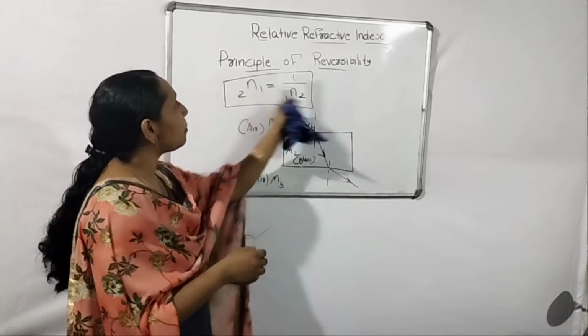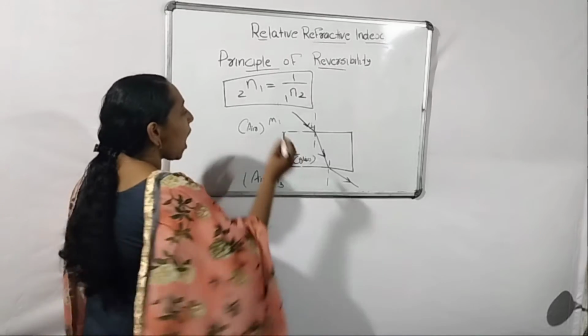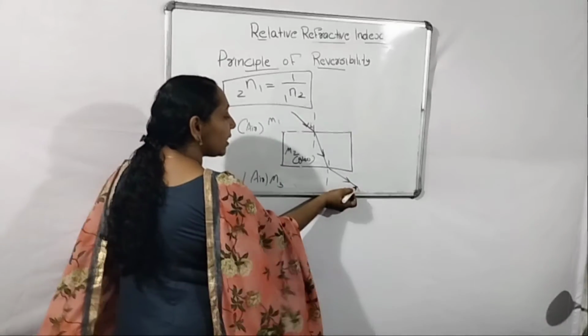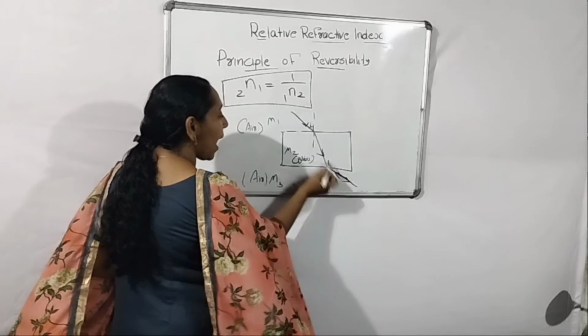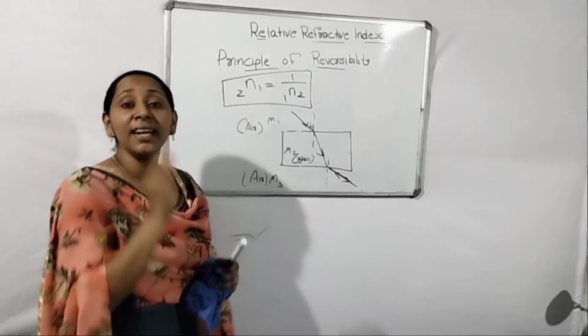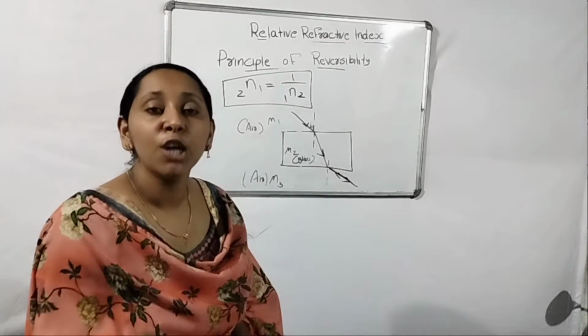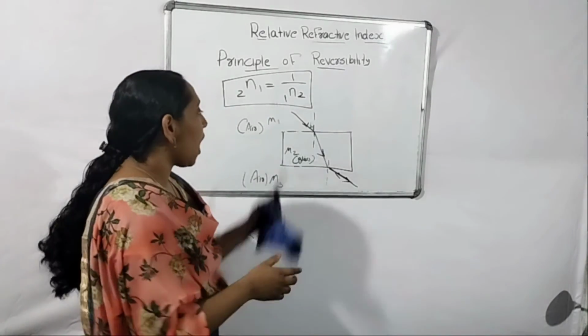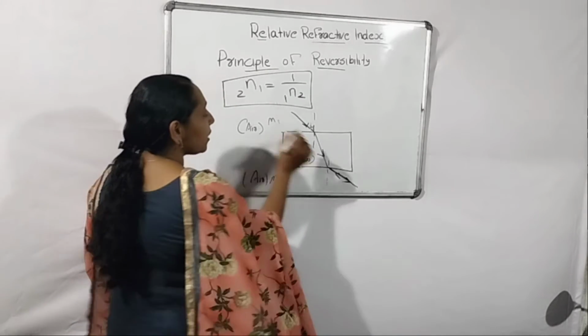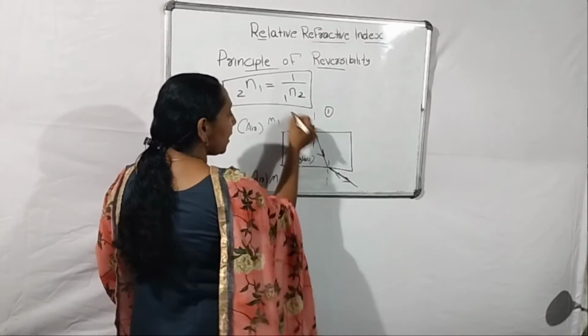What is the principle of reversibility? The ray can return back along the same path. The light ray has the capability to retrace the path. The way it enters here, the same way it will be retraced. That means in the first case the ray enters in this way.